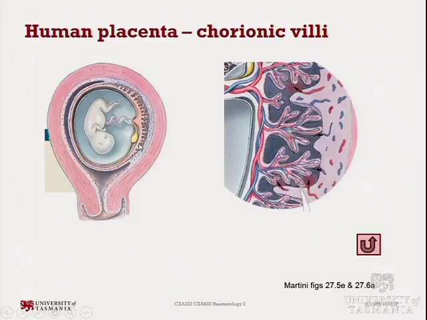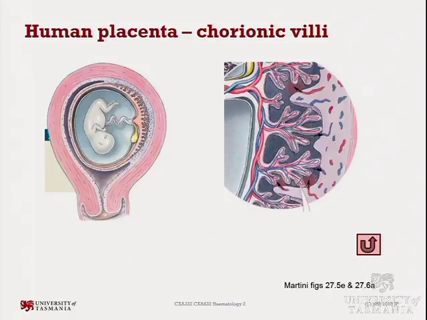And this area here is known as the chorionic villi, and this is where we get interchange between the fetal blood circulation and the maternal blood circulation. These villi are very similar to the villi that we have in our digestive tract, and they have a very similar purpose. They're also very similar to the alveolar sacs that we have in our lungs. They are responsible for the crossover of gases between fetus and mother.